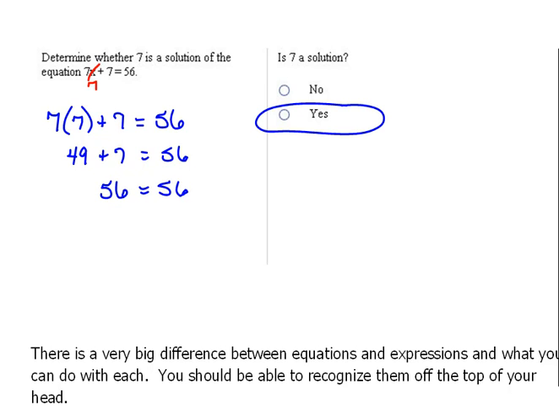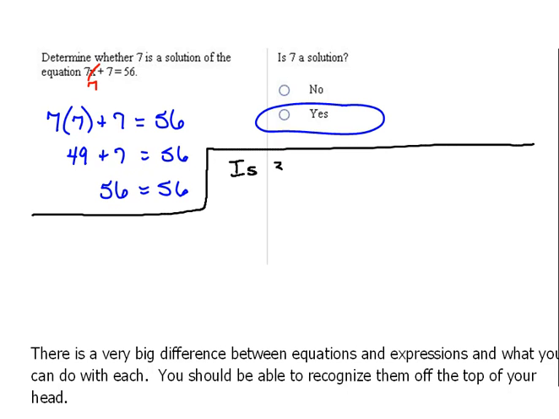Now, just to show you what I'm talking about, what if I asked another problem? What if I said, is 3 a solution? Well, in that case, instead of replacing the x with 7, we'd replace it with 3. So that would be 7 times 3, plus 7 equals 56.